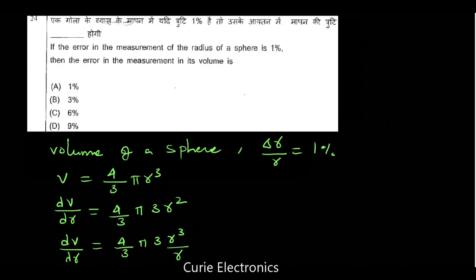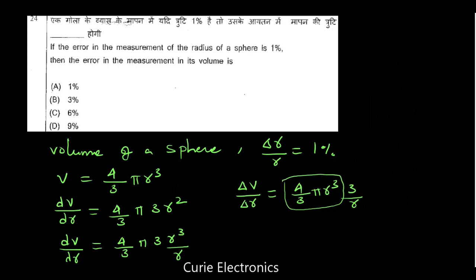So delta V upon delta R equals 4 by 3 pi r cube, then I have 3 upon r.